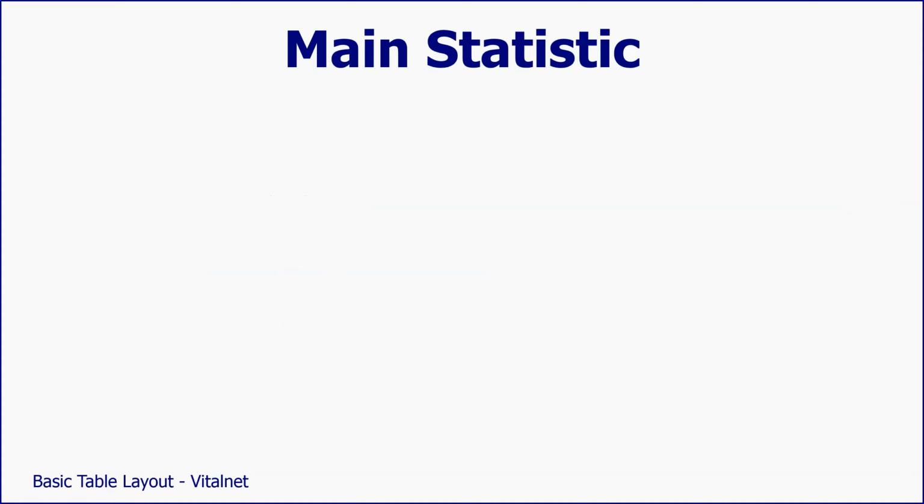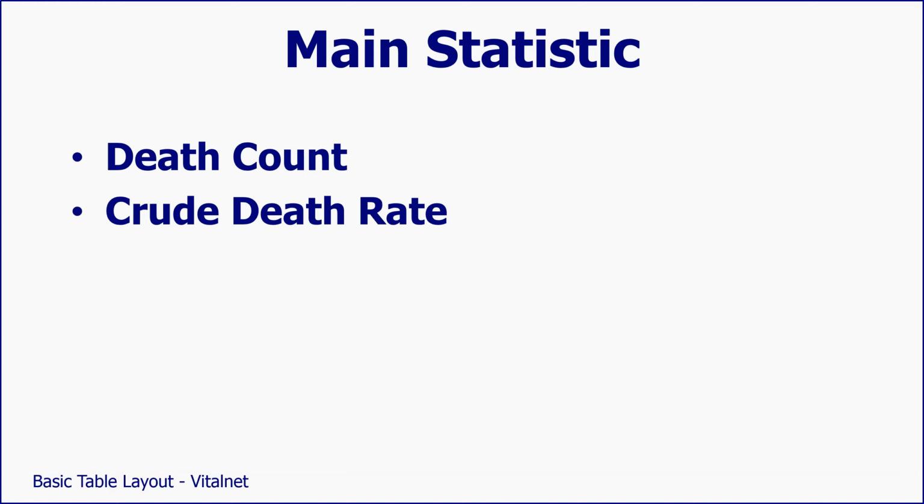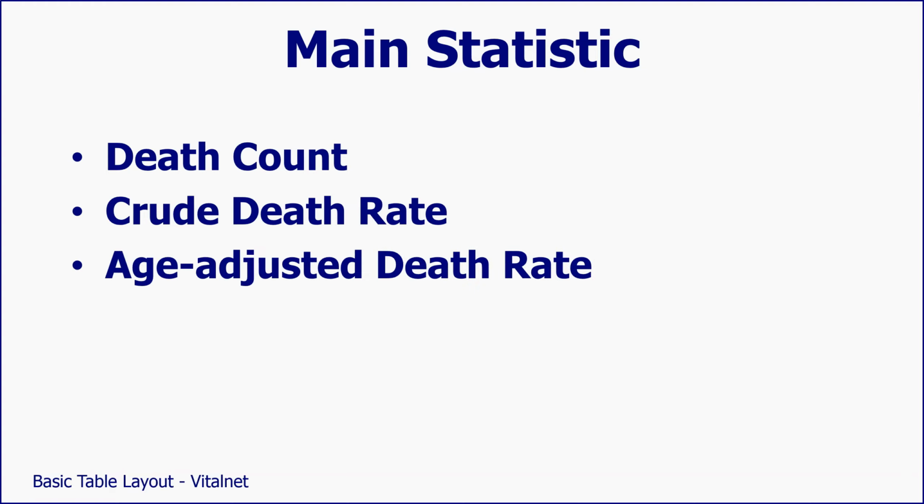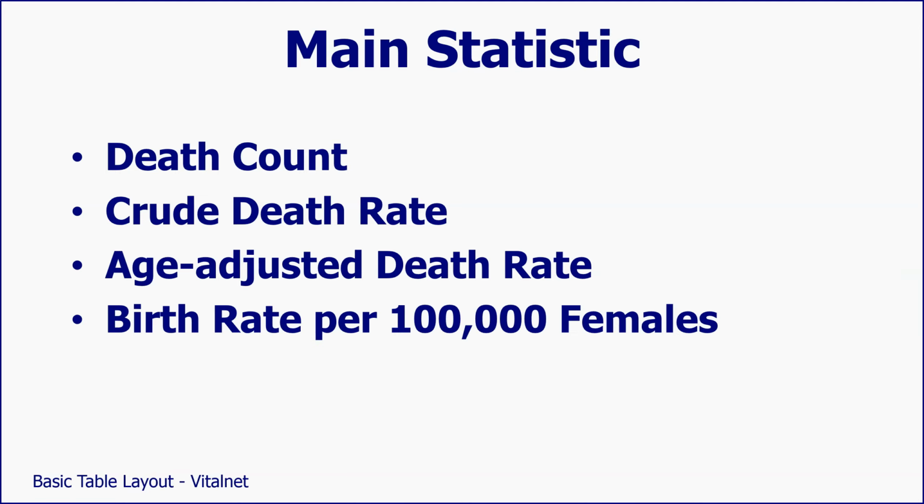The main statistic is the basic result shown in the table or on a map. For example, number of deaths, death rate per 100,000 people, age-adjusted rate per 100,000 people, birth rate, many more. The options depend on the data set.